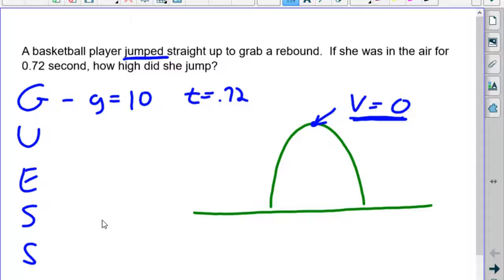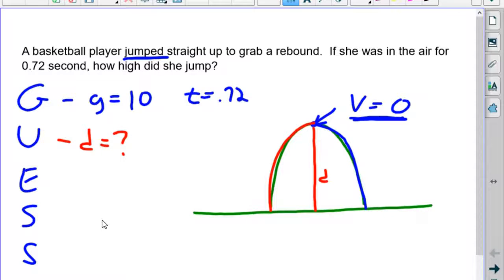Because when I look at this problem, I want to know how high she jumped, and that's this distance here. So I'm going to go ahead and identify right now that the d, the unknown, is our distance in the vertical direction. Then our v here, that 0, I can look at in a couple of ways. That's her final velocity from jumping, or I can look at it as her initial velocity as she falls back down.